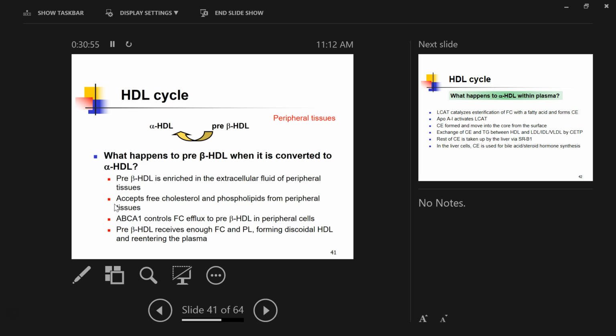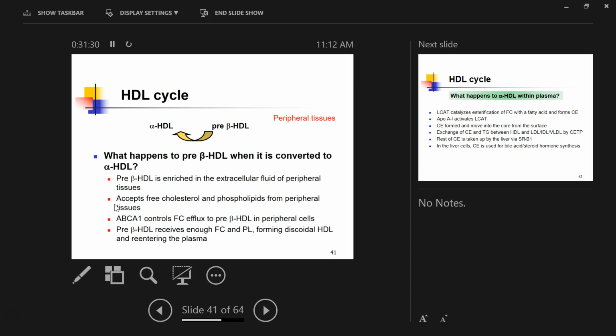Of course, there are at least two important things happening in the plasma during this conversion. One is the esterification by LCAT. And the second important thing is the lipid exchange that is characterized by CETP, a protein in the plasma.